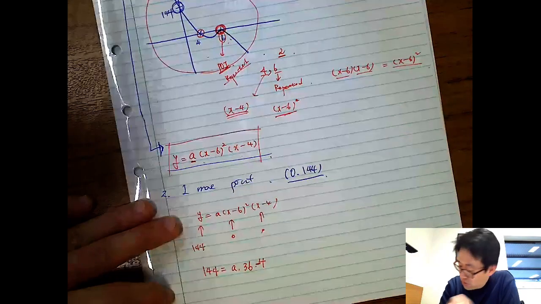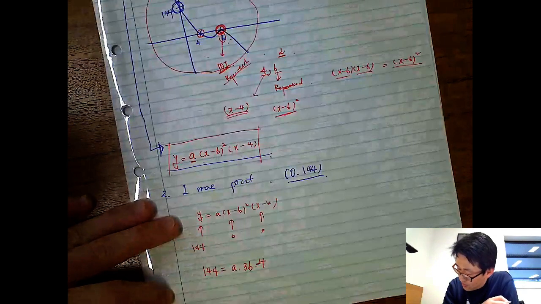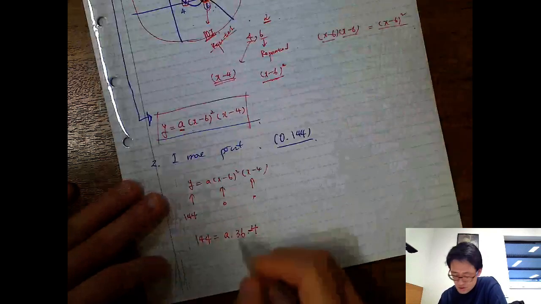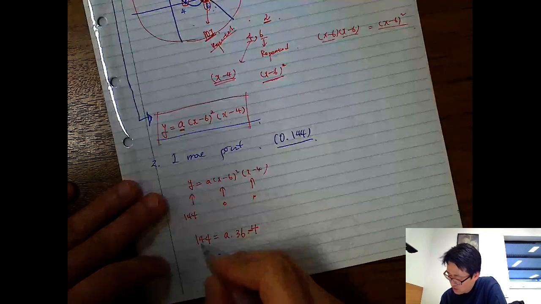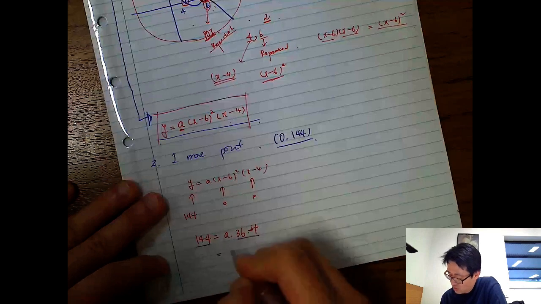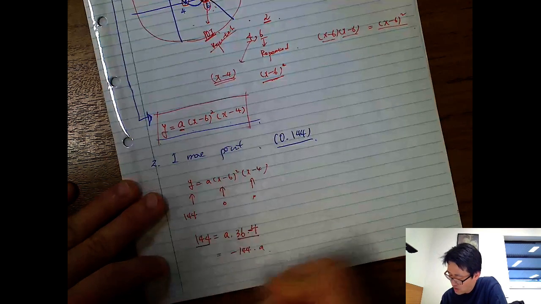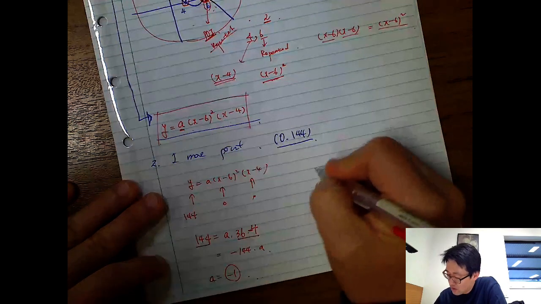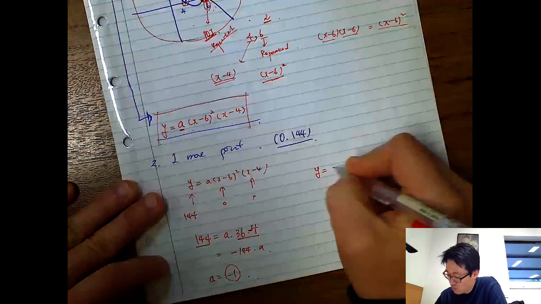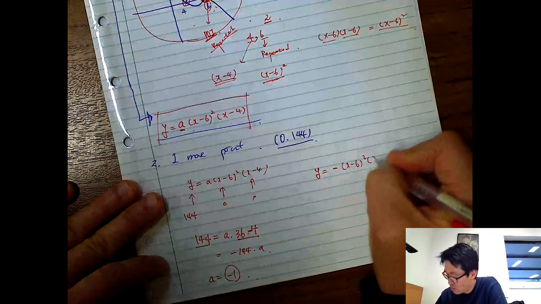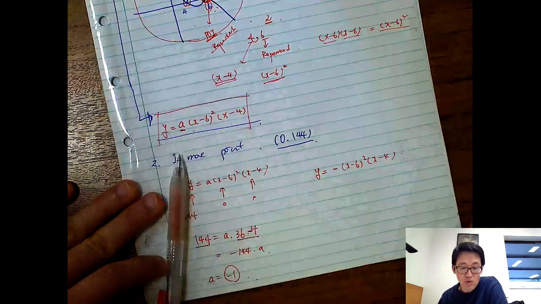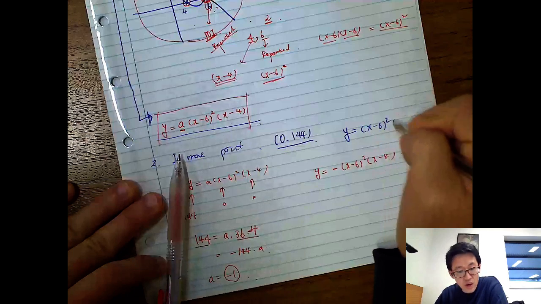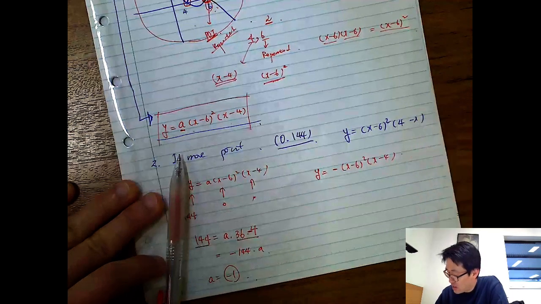Let me write it down. Yes, correct. When I do that, it is minus 144 and A. Therefore, A is minus 1. So we have to put minus 1. Y equals minus 1 times x minus 6 squared, x minus 4. When you go back to that answer written in this form, x minus 6 squared, 4 minus x.